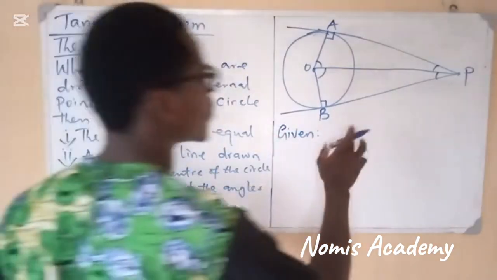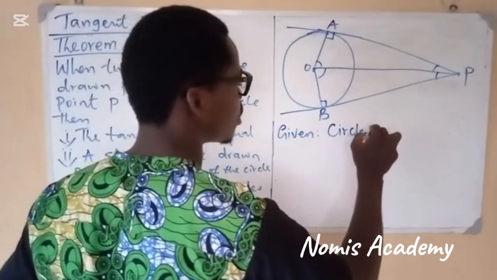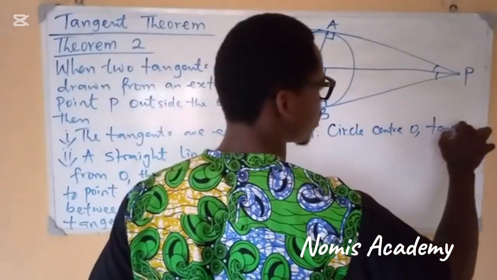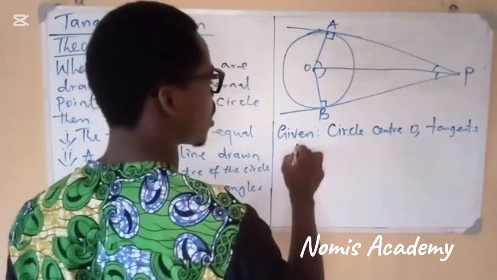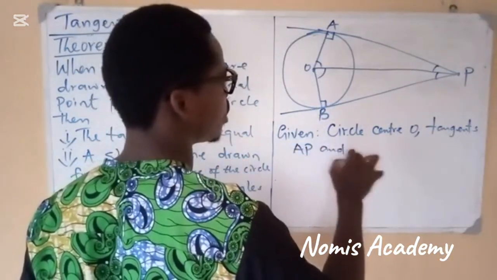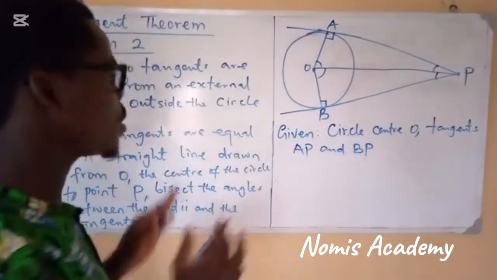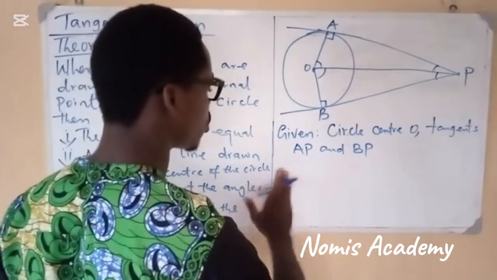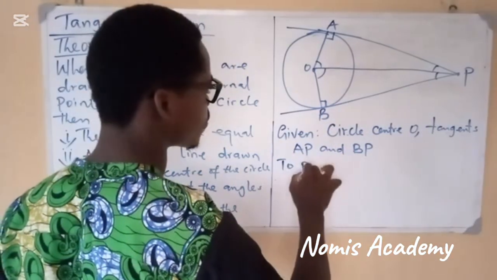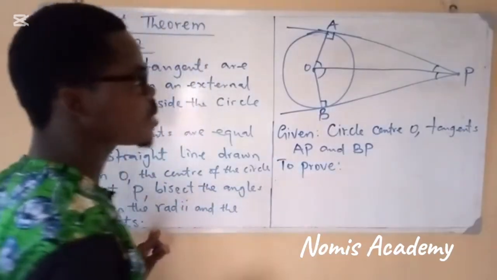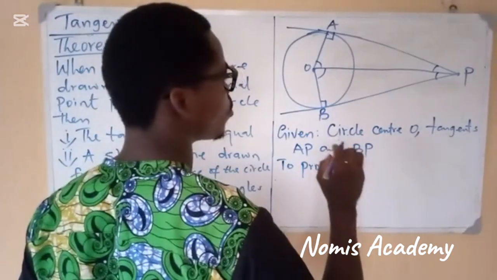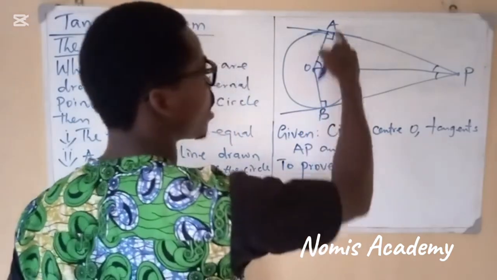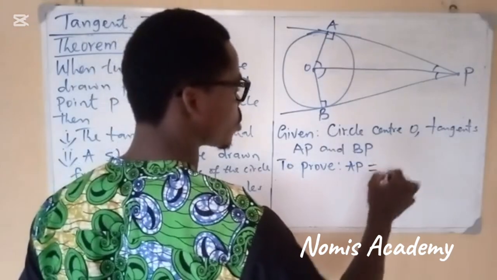So we have a circle centered at O and tangents AP and BP. So this is what is given to us. Before construction, we are to prove that AP, that's the tangent AP, is equal to BP.